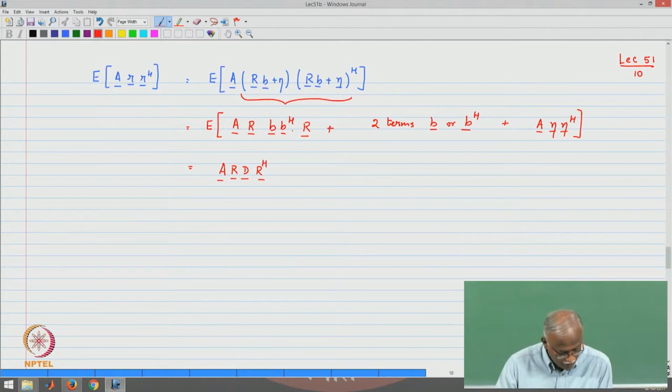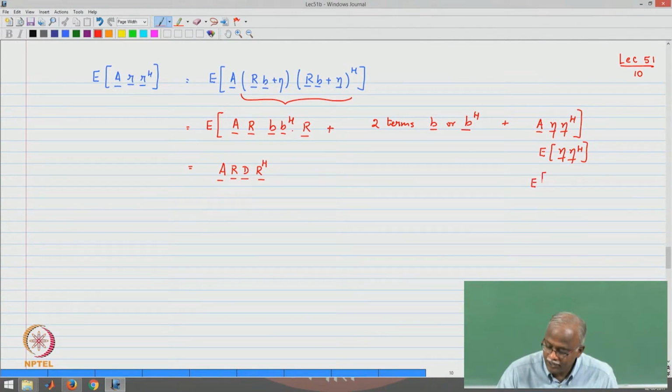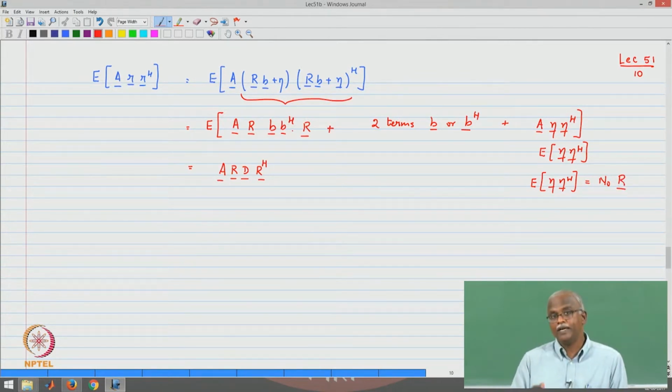Now, the expected value of eta hat, we have already shown is equal to n naught, the noise variance, times the correlation matrix r, where r represents the correlation between the different spreading sequences.